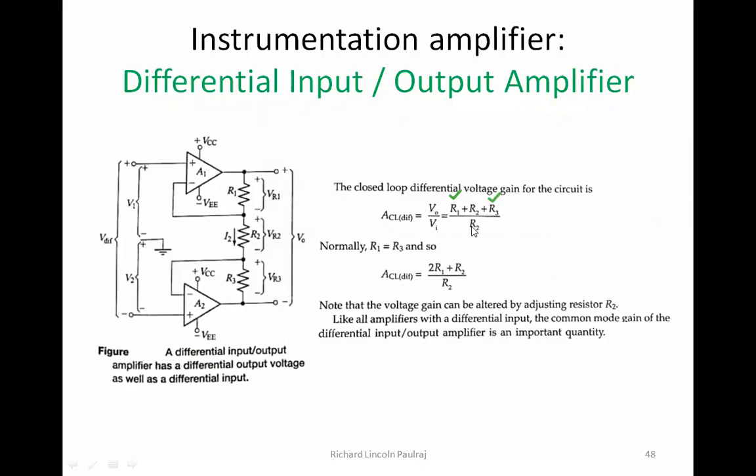And R2 is remaining, plus R2, divided by R2. I cannot cancel them out because it's an additive factor in the numerator and a division here. So this becomes my differential closed loop gain, which is 2 times R1 plus R2, divided by R2. Okay. Right.